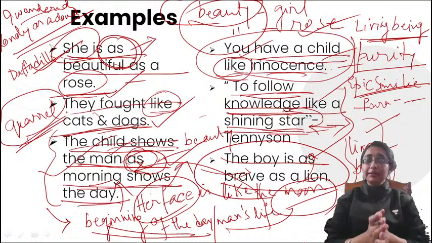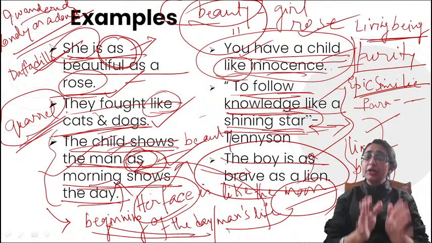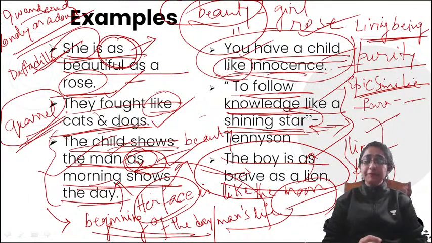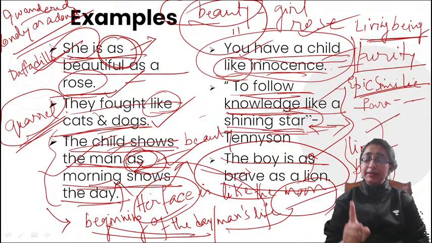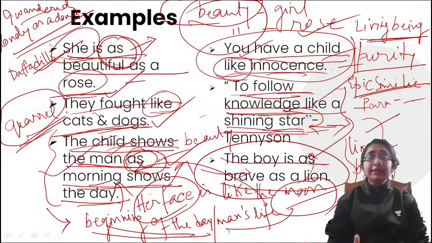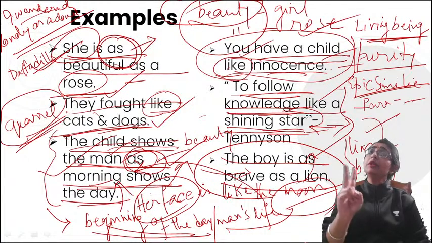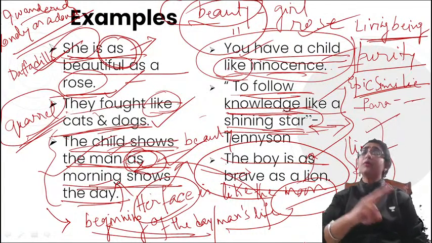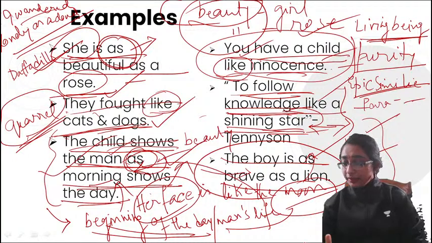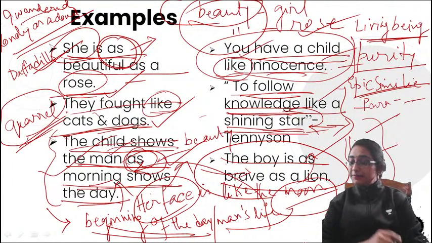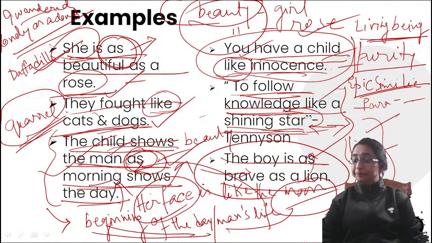Simile actually means, as I have said, a point of comparison. For the first thing, a comparison is made. The second important thing is that the comparison is made between two different things or two different persons. Clear? Yes, this is from Shakespeare's Macbeth. So this is the second important thing.